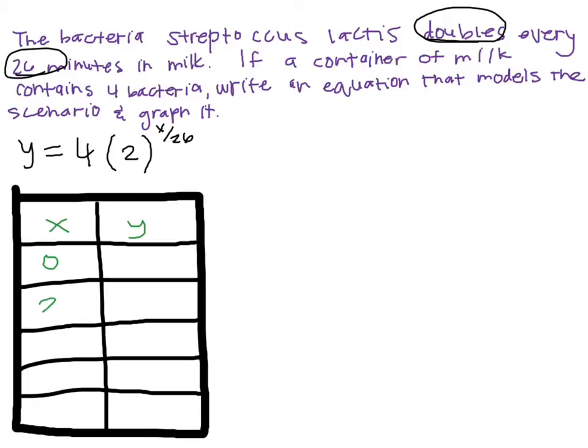So if I substitute 26, then when we substitute 26 into x, we'll get 26 divided by 26 is 1. So I'm going to do 26, 52, 78, and 104, because all of those can be divided by 26.